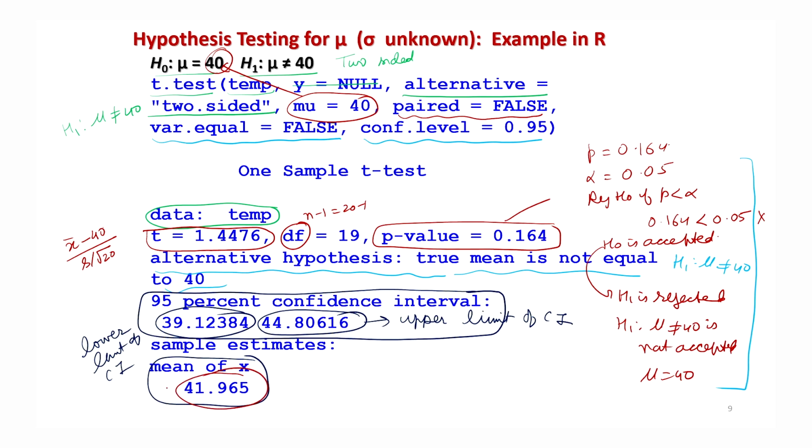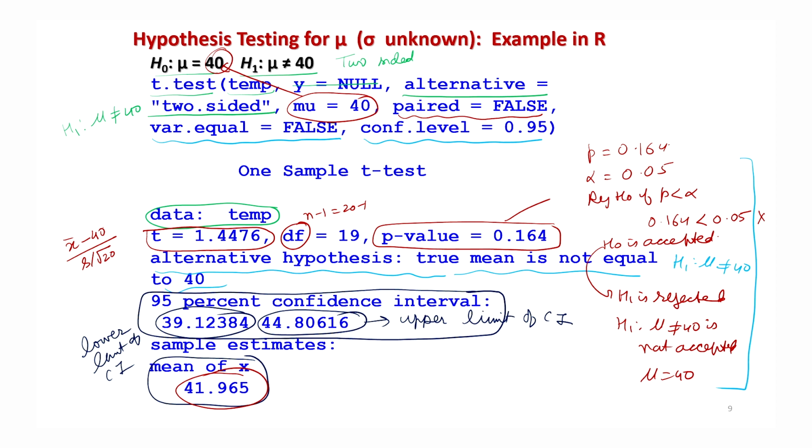You are testing your guess value of 40, and the sample mean is giving you 41.965. Although there is some variation, that variation is small and you can see that there is no significant difference between the population value and the value which you are trying to test.